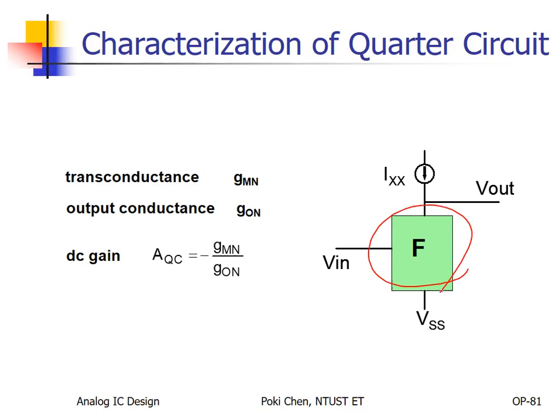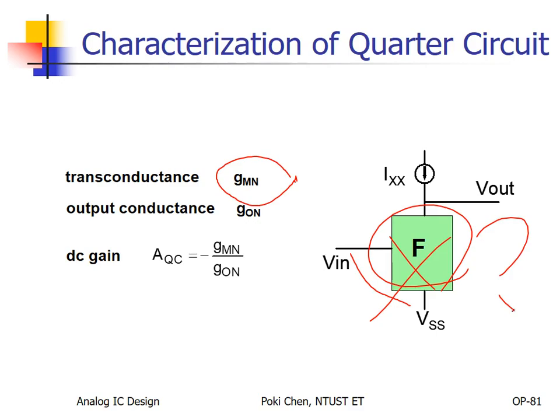When you focus on this, what do you need to know? Because you apply Vin here, we convert input voltage into output current. So you need to know the transconductance. Never mind what's inside, I don't care. It's a black box.